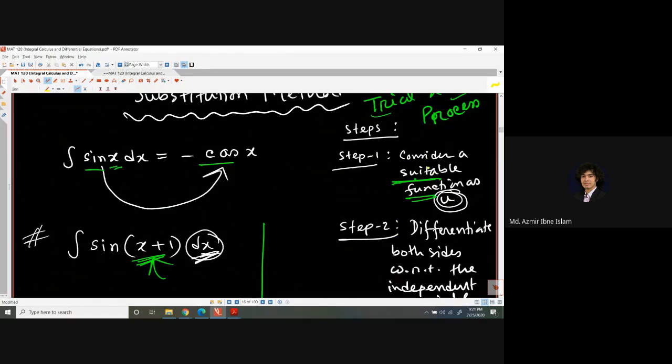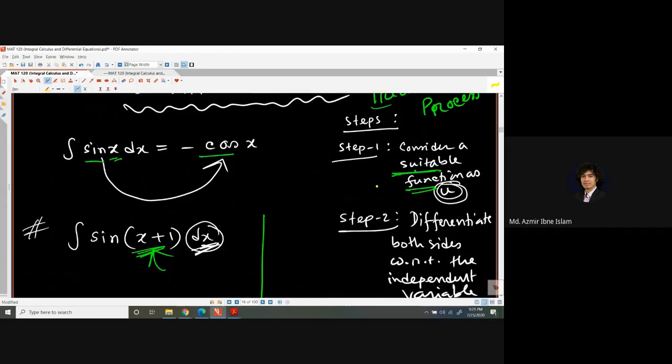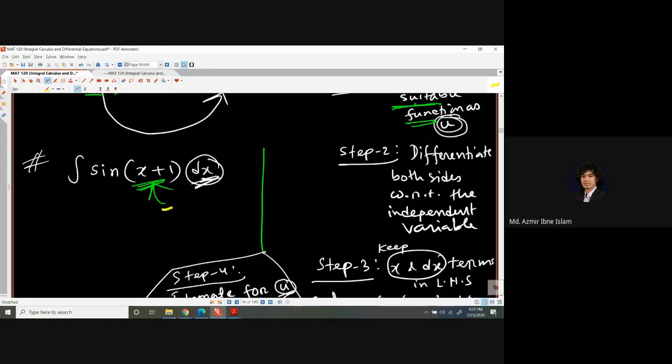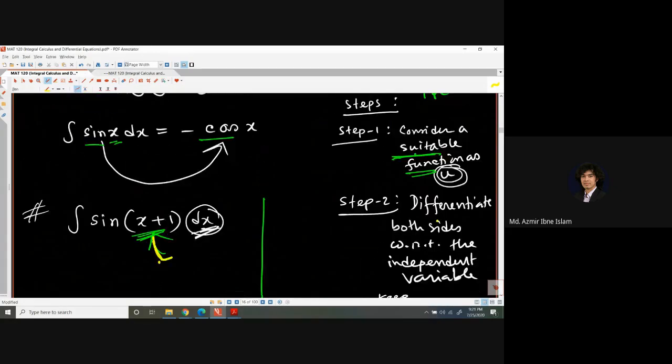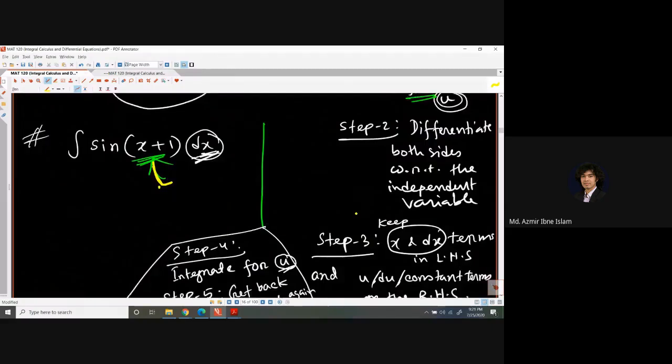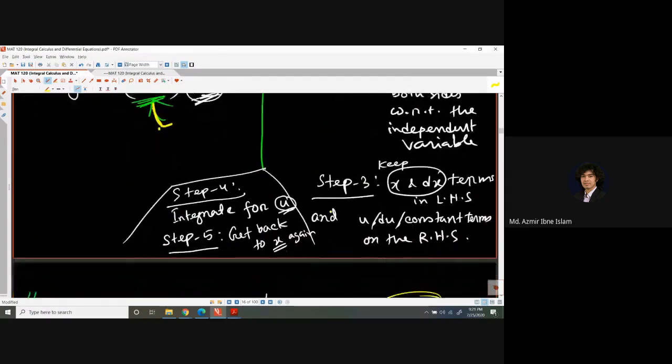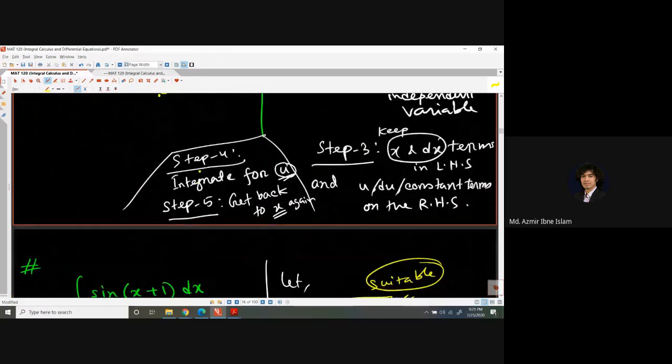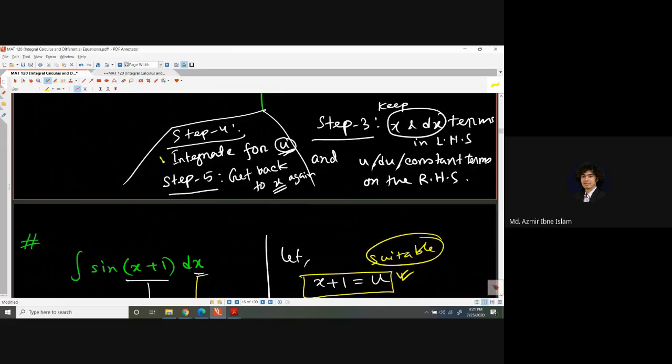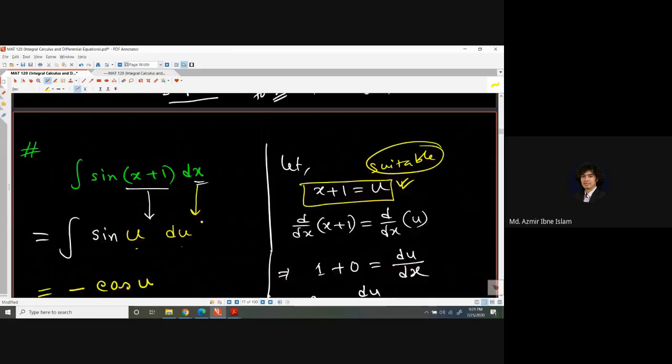If the function is not suitable, you will understand when you replace x plus 1 by u or dx by du, whether the calculations go with the direct formulas or the calculations are becoming easy.